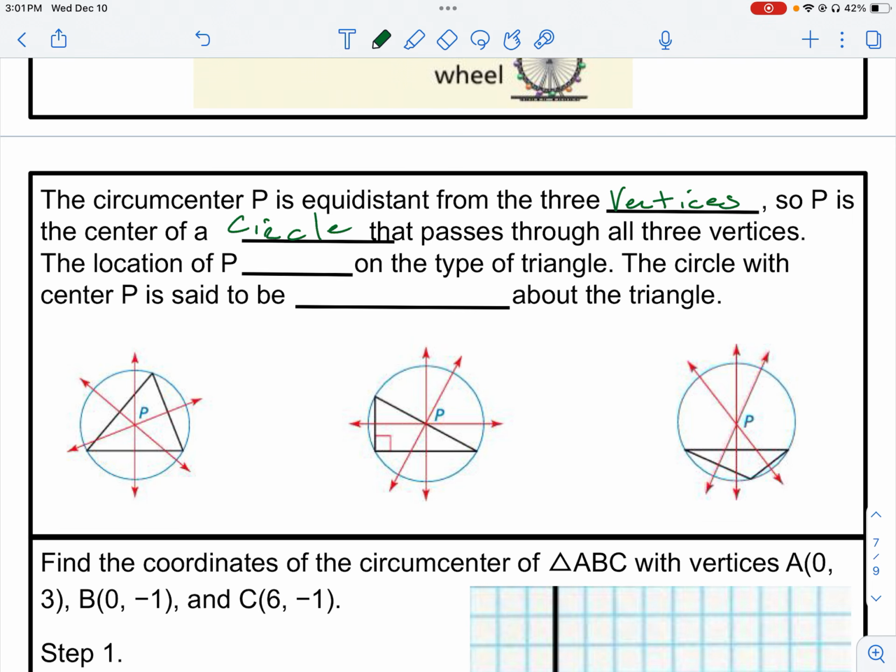And the location of P depends on the type of triangle. The circle with center P is said to be circumscribed about the triangle. Circumscribed means all the vertices of our figure rest on the circle.